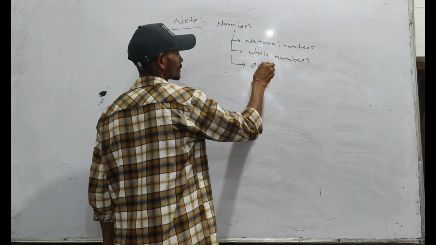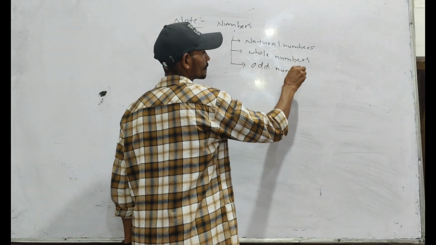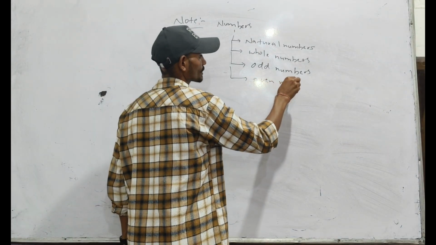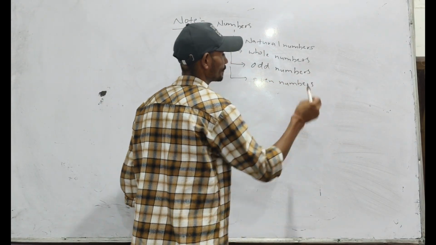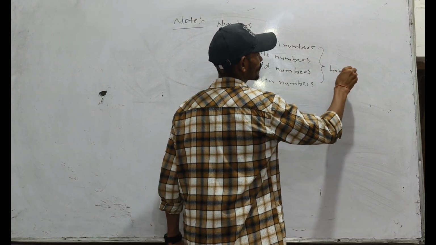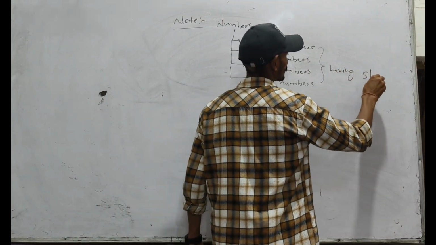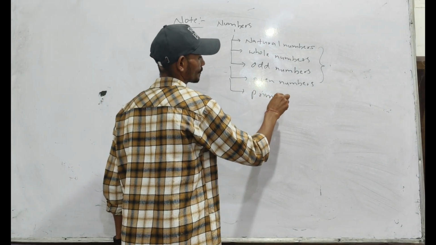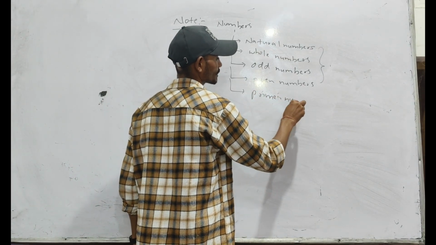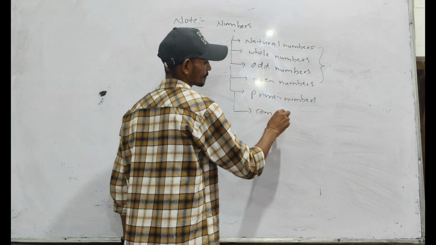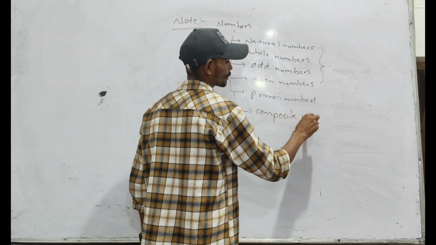Next, odd numbers. Next, even numbers. One more: prime numbers. Next, composite numbers.